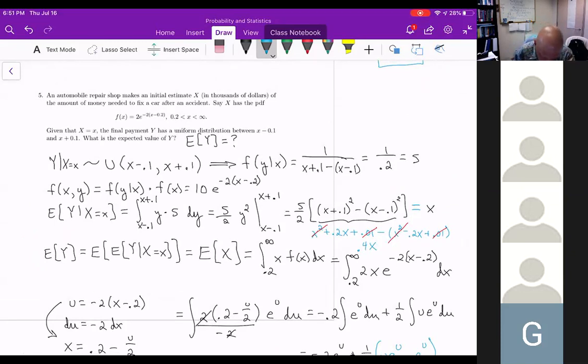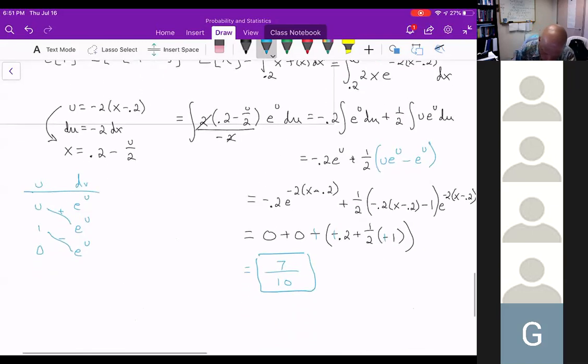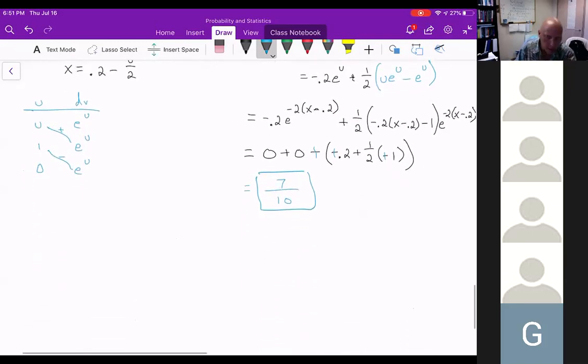Remember that the final payment y is a function of x, and that is in thousands of dollars. And so this really translates to 0.7 times 1,000, or $700.